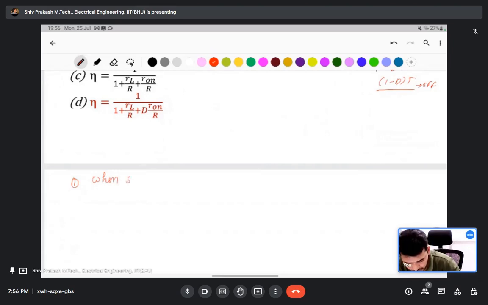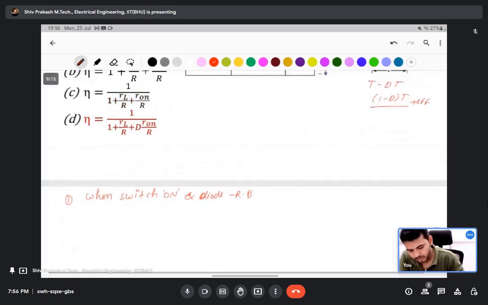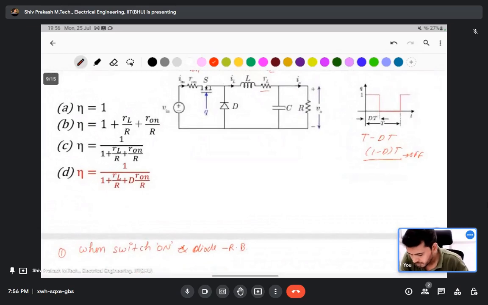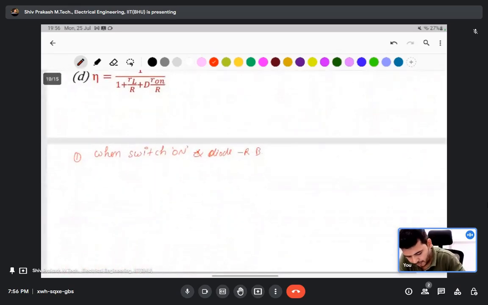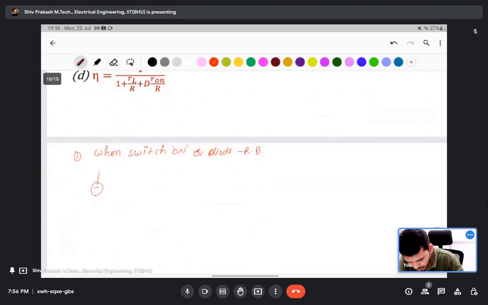When the switch is on, what happened? The diode is reverse biased. The switch is on, so a short circuit is connected. Here it is open circuited.